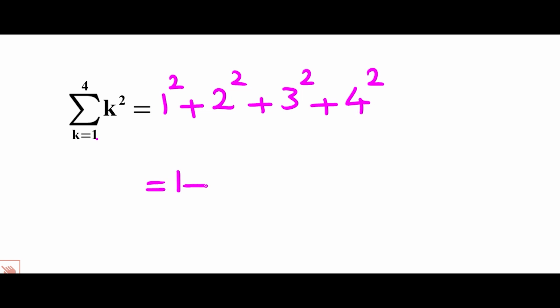So we have 1 plus 4, since 2 squared is 4, plus 9, since 3 squared is 9, plus 16, since 4 squared is 16. So we have 30. The sum of k squared from k equals 1 to 4 is 30.